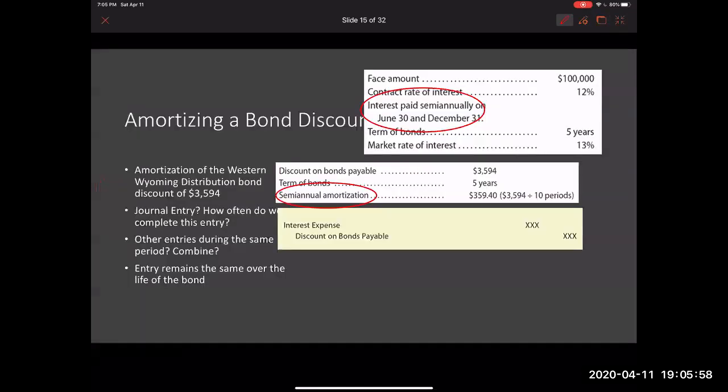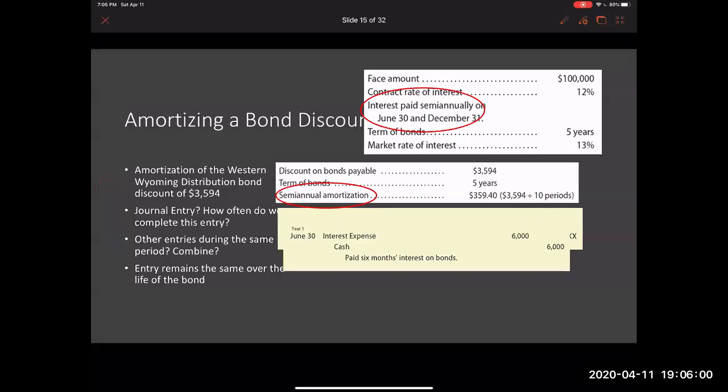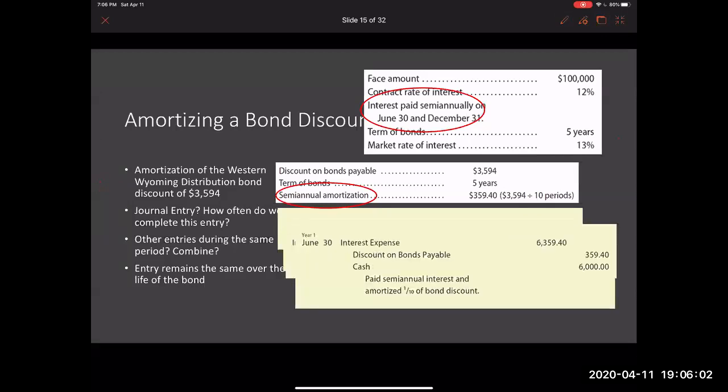This journal entry combines your interest expense together, and then your credits are your discount on bonds payable and cash. I don't want you guys to think there's some kind of magic. All we did was combine our 2 interest expenses together, and then we had 2 separate credit amounts and accounts, which were the discount on bonds payable and the cash.